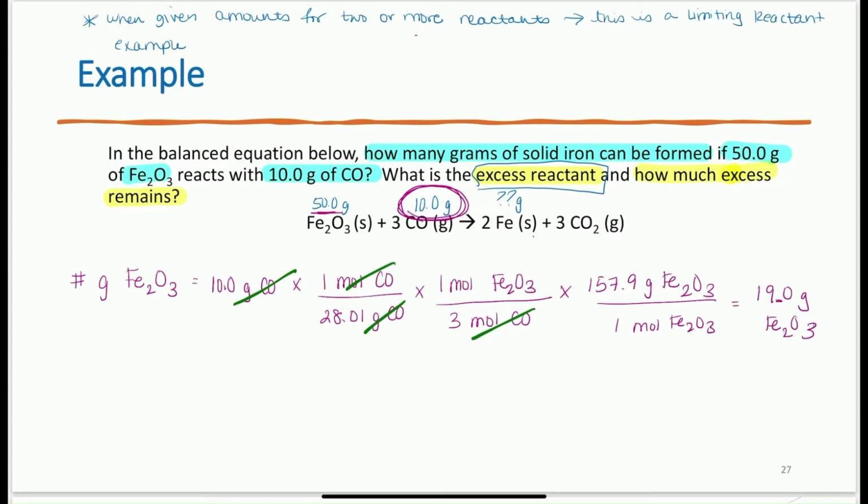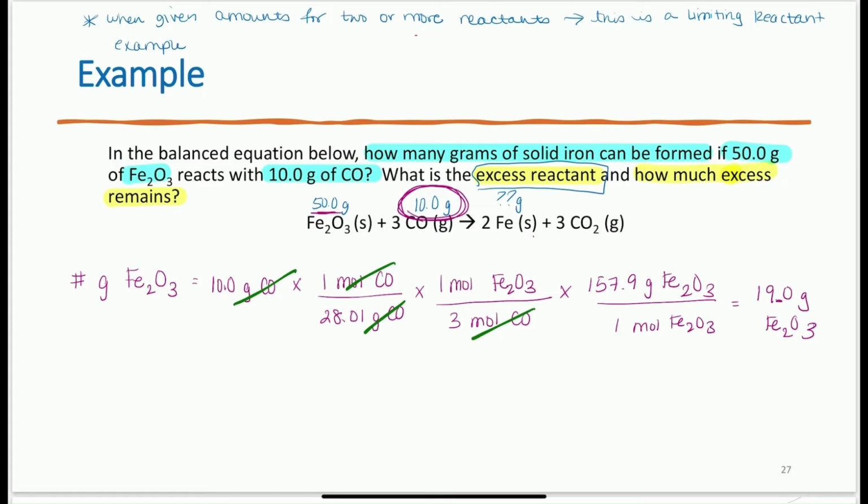I also know I can quickly, much quicker now, determine how much of my excess reactant remains. It's actually a lot easier to do it this way than it was to do it the longer way. So now I know I need 19 grams of it.